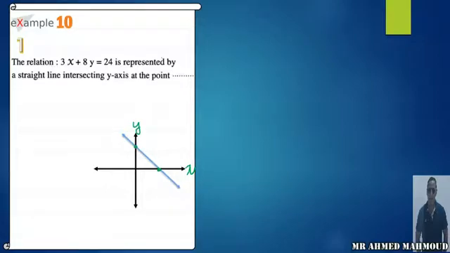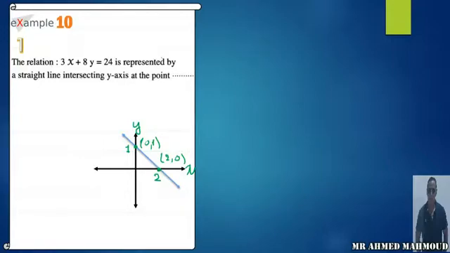For example, if this point equals 2 and this point equals 1, this point will be 2 and 0, and this point will be 0 and 1. What does it mean? If I need the intersection with the x-axis, here y equals 0. And the intersection with the y-axis, here x equals 0. They are opposite to each other. To find the intersection with x, put y equals 0. And to find the intersection with y, put x equals 0.